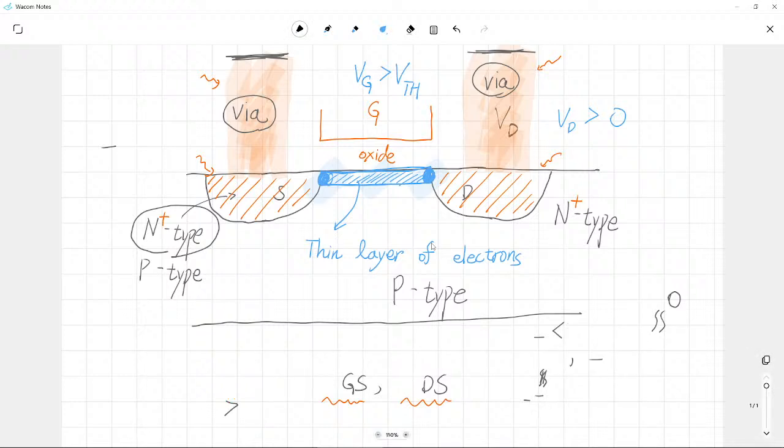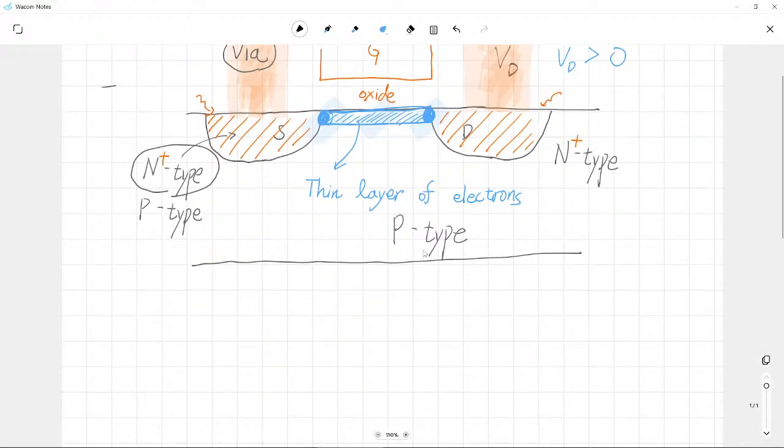Think about these two parts, and just consider the vertical structure. So when you consider the point close to the source part, here we have gate, and here we have oxide, and this point is directly connected to the zero bias voltage. Then what will be the number of inversion charge?